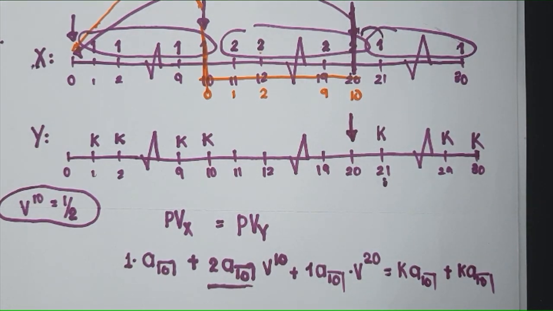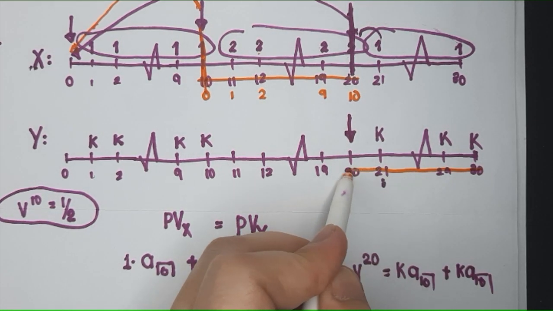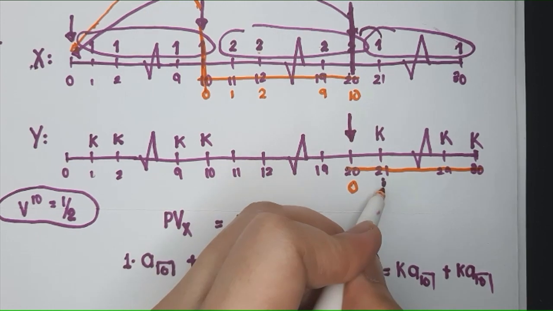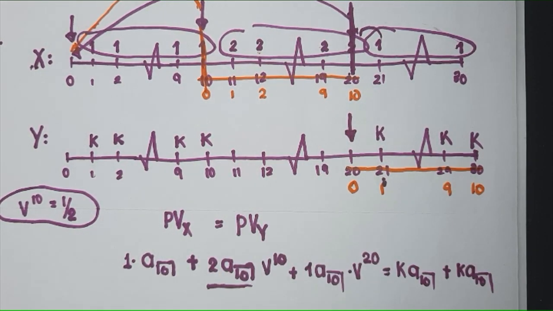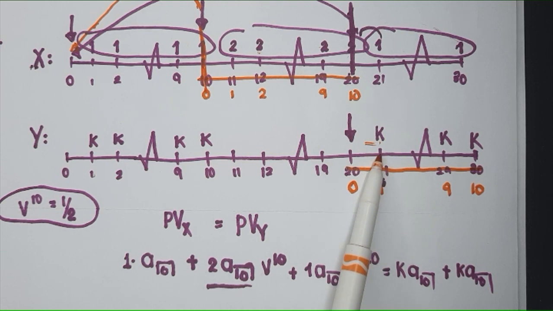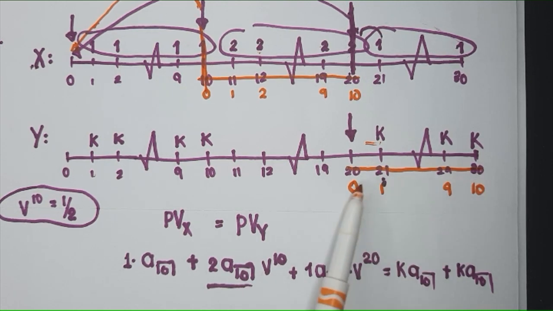If you are confused, label a time diagram. Like this. Remove this, make this 0, this 1, this 9, this 10. Then it looks like an annuity immediate with payments of K units at the end of each period for 10 periods.